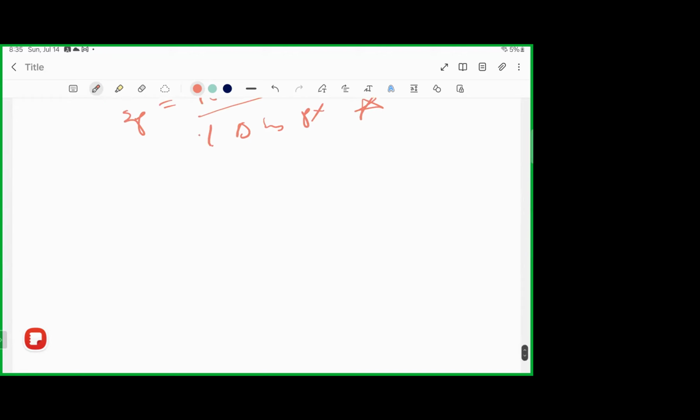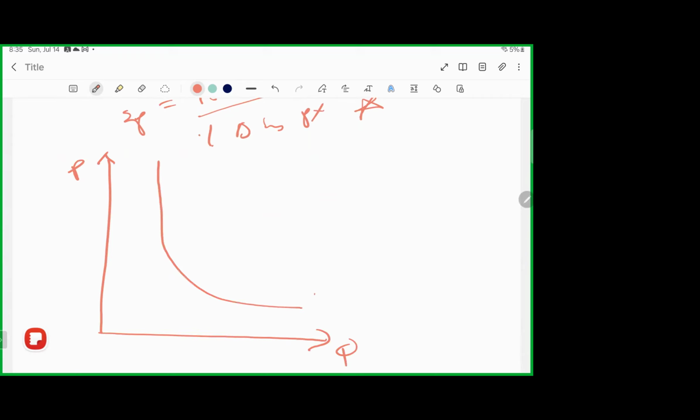Here, diagrammatically, it means that if you have this as quantity, this as price, and you have a demand curve like this, if price is here, this is quantity demanded. Let's say price has been increased to P2.